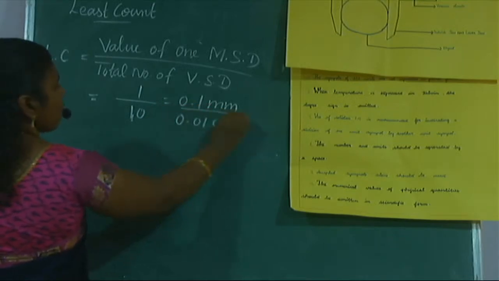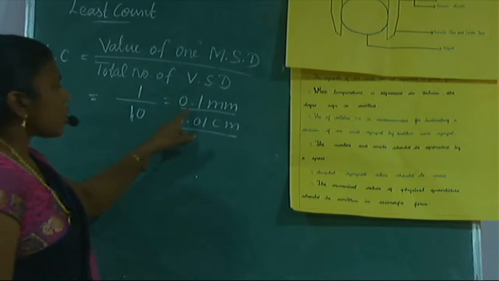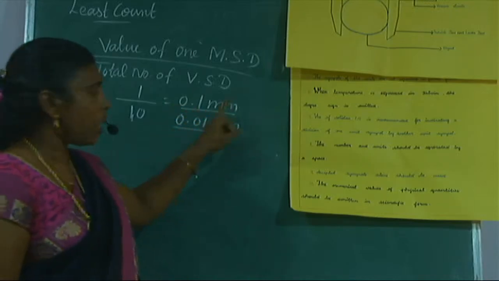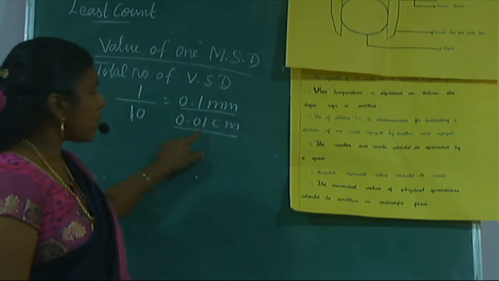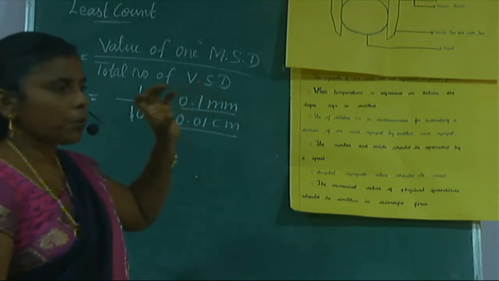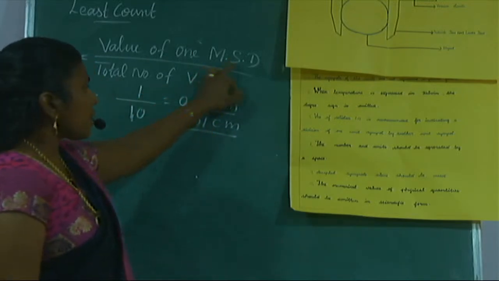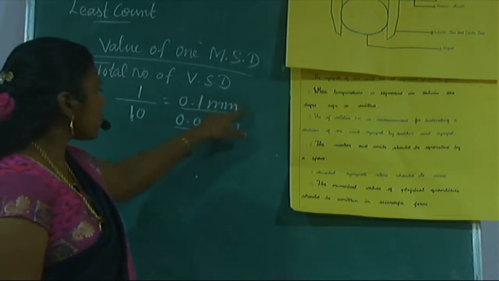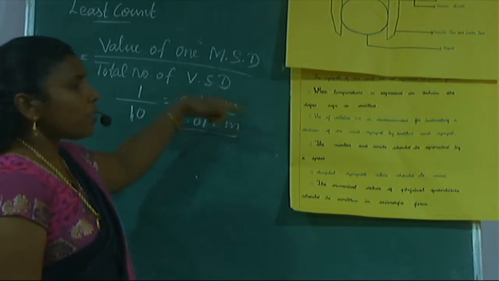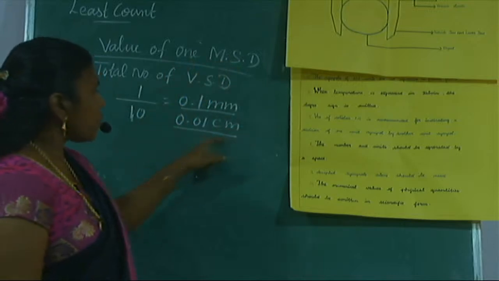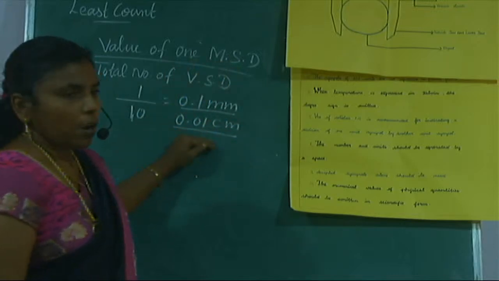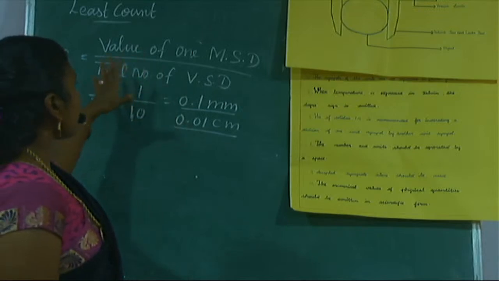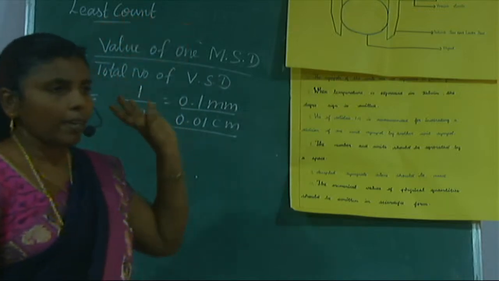So the least count of this vernier caliper is 0.1 millimeter and 0.01 centimeter. Suppose the problem value is given in millimeter, you use this least count value. Suppose centimeter is given, you have to use the other least count value. So like this we can find the least count of a vernier caliper.